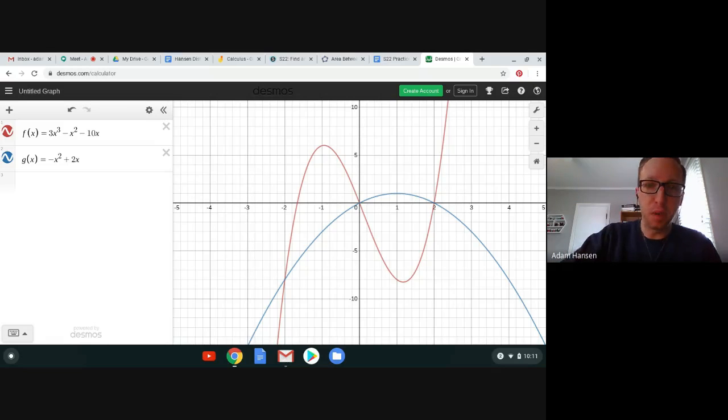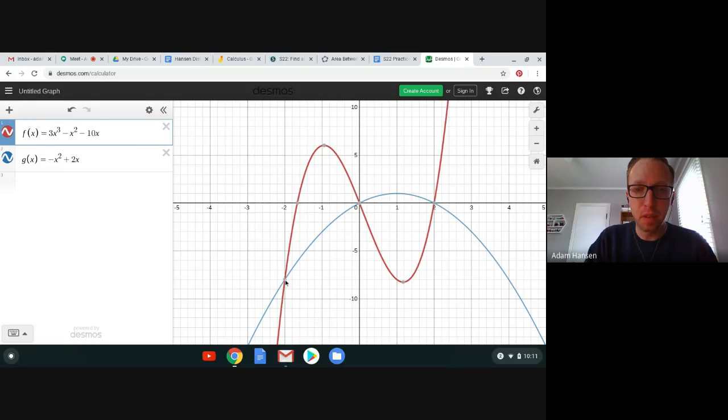So as we found algebraically, these 2 functions intersect at 3 unique points, x equals negative 2, 0, and 2. The reason that I have 3 intersection points is because there's 2 different regions bounded by the graph. One over here to the left of the y-axis, where our cubic function f of x is on top and our parabola g of x is on bottom.